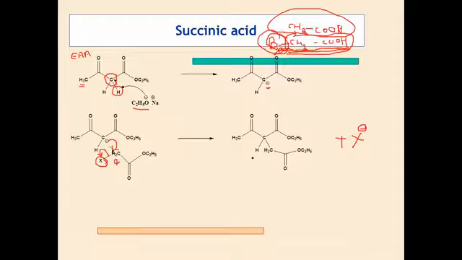Now what remains is the carbon anion of ethyl acetoacetate: this one is the CH3, this is C double bond O, this is the CH, this is C double bond O and OC2H5.